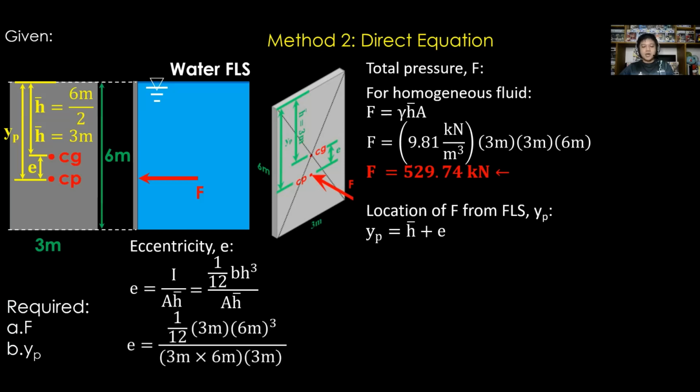We have B as 3 meters, H 6 meters, and H bar as 3 meters. Therefore, E is 1 meter. Substitute in equation of Y sub P, we have Y sub P as equal to 4 meters from free liquid surface. Again, the same as the first method answers.